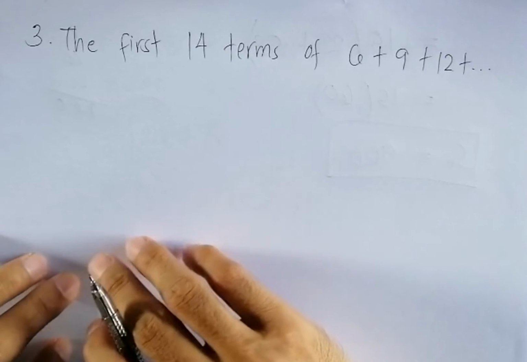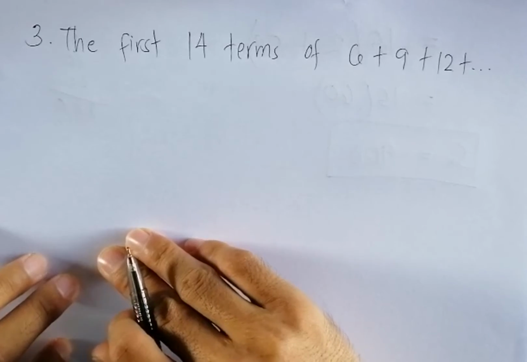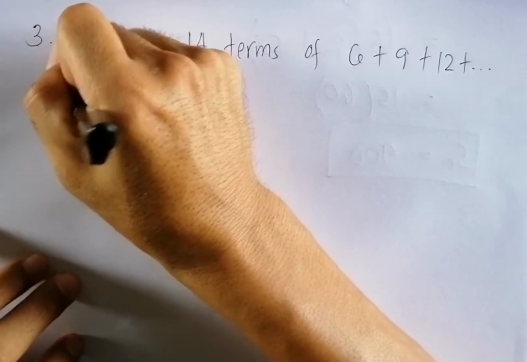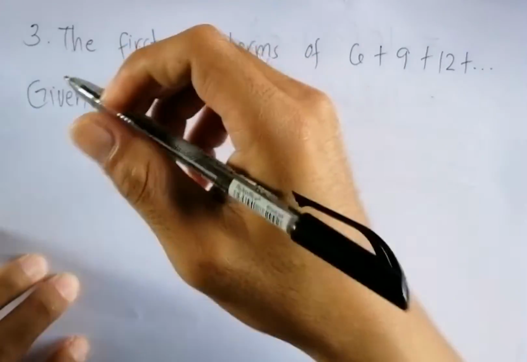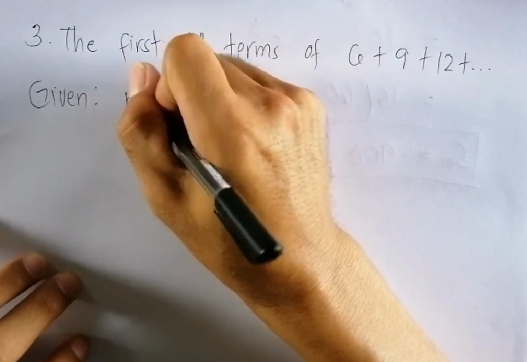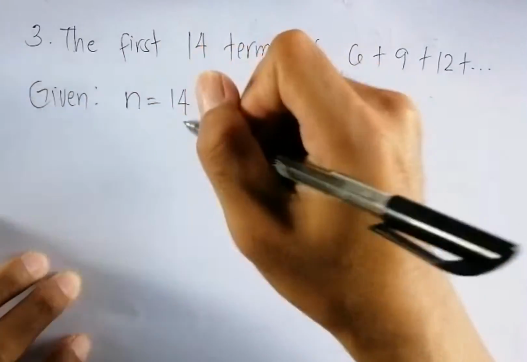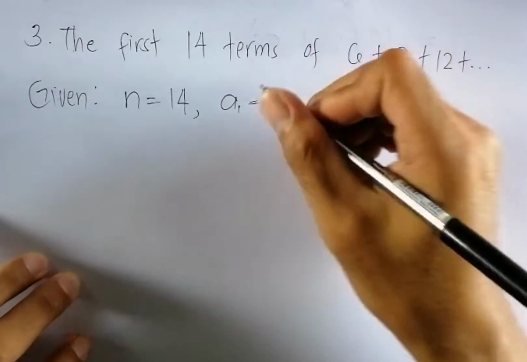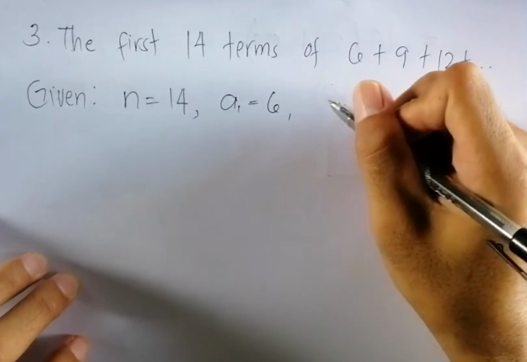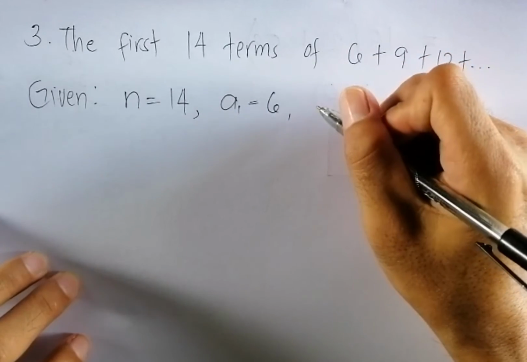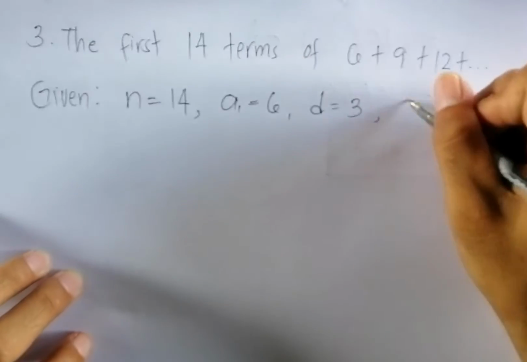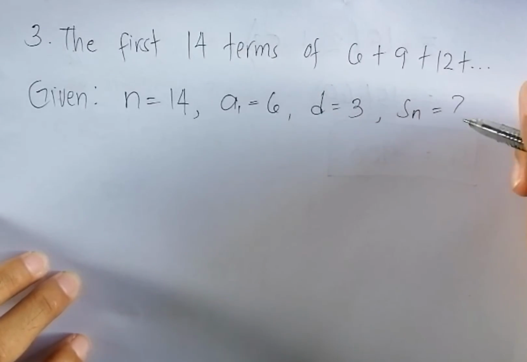The first 14 terms of 6 plus 9 plus 12 plus dot dot. Given n is 14. The first term is 6. Common difference is 3. Then find S sub n.